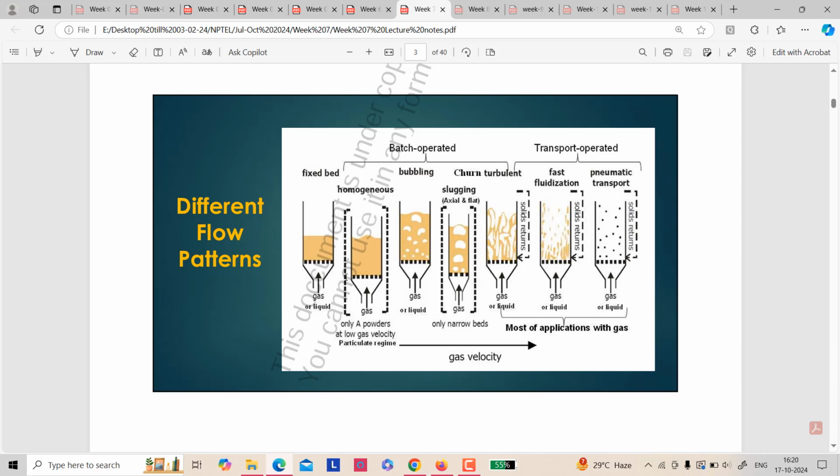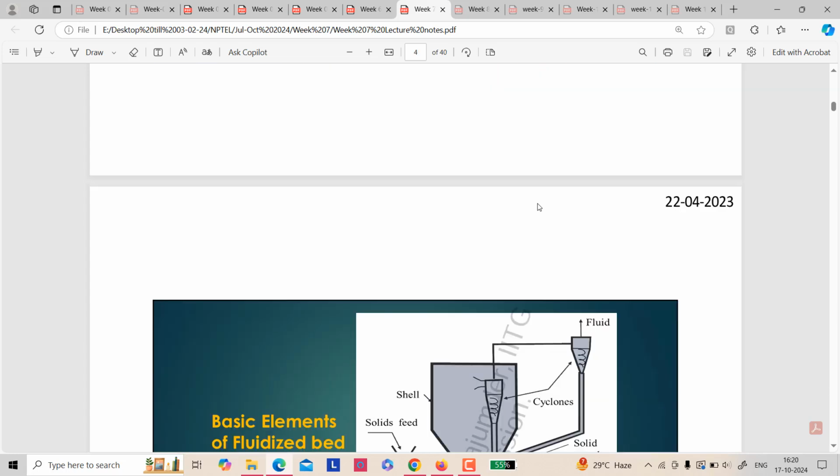Next, after the turbulent mixture, some of the particles along with the fluids will overflow, and the density of the particles will be lesser inside the fluidized bed. That is the moment of fast fluidization. And when the particle density is very low inside the fluidized bed, it is called pneumatic transport. So these are the different stages of fluidized bed at different gas velocity.